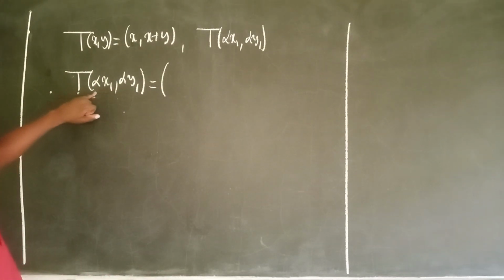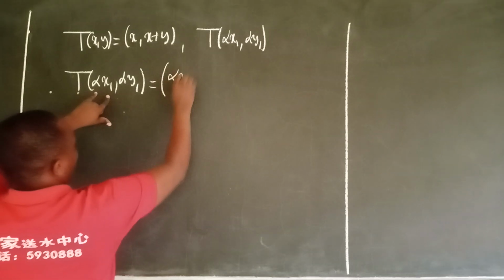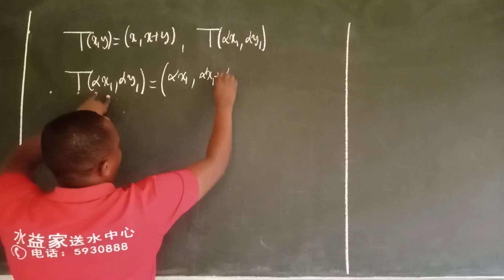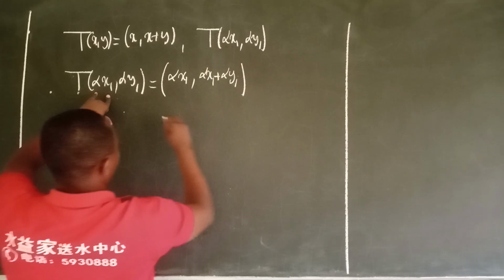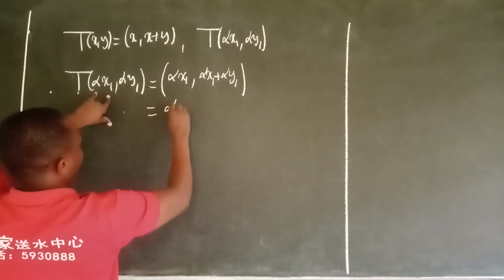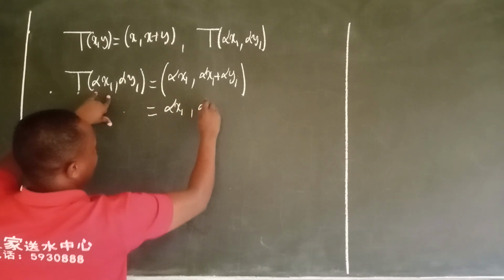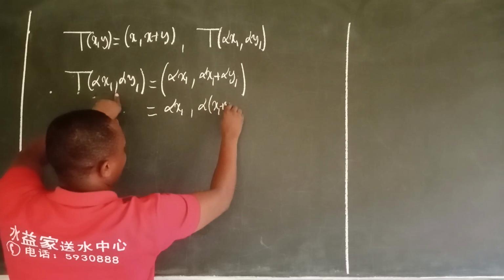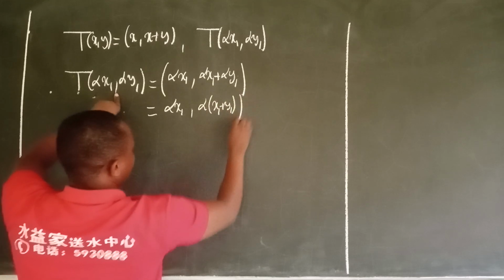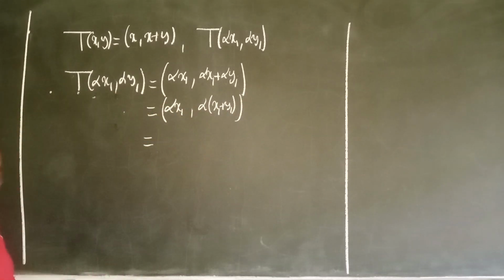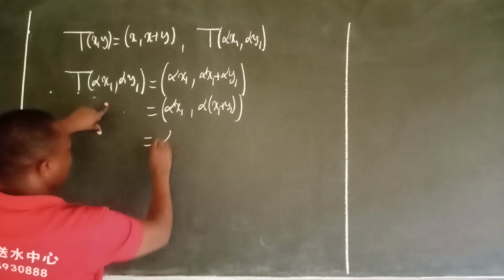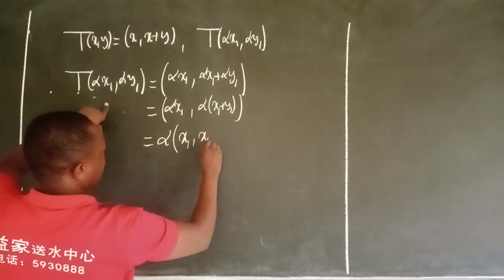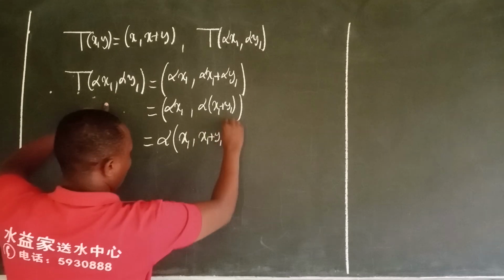This is to say T(alpha x1, alpha y1) is equal to, in the place of x we put alpha x1, so here is (alpha x1, alpha x1 + alpha y1). This is equal to alpha x1 comma, and let's factorize by alpha, taking alpha everywhere out: alpha x1 + y1. This is alpha into (x1, x1 + y1).